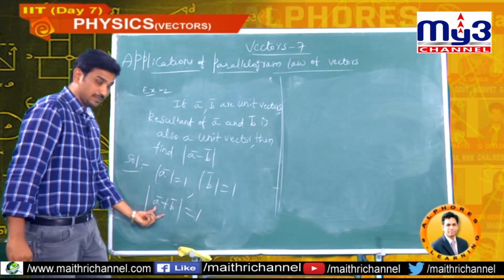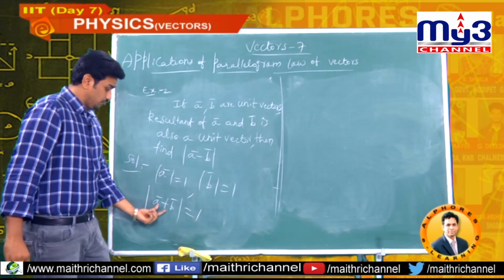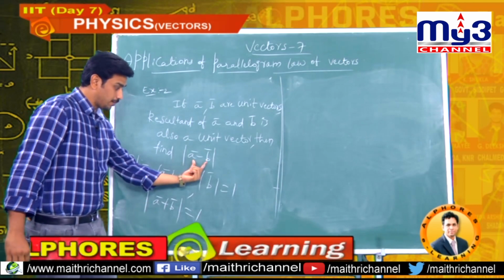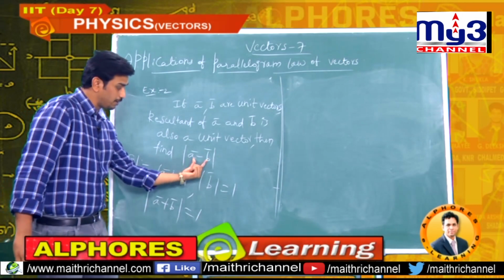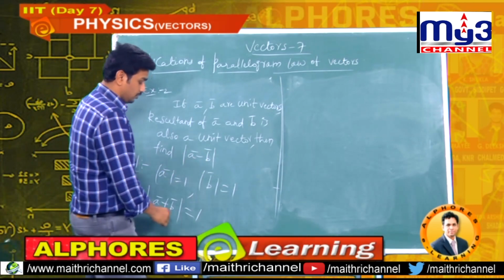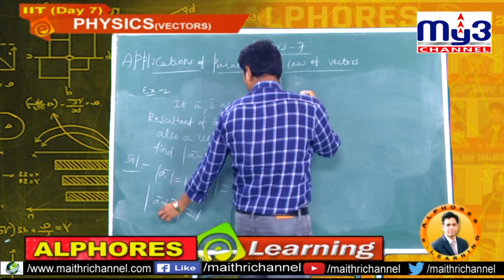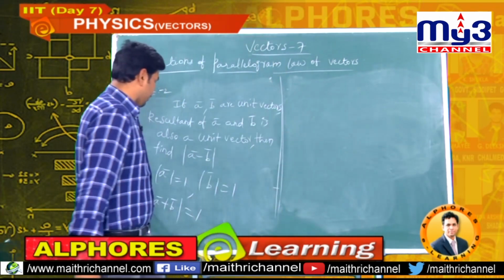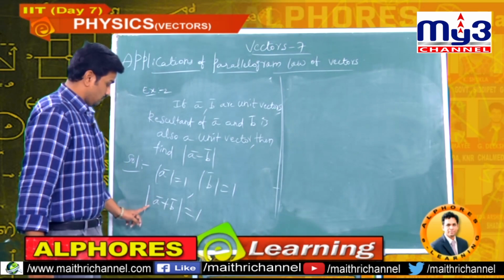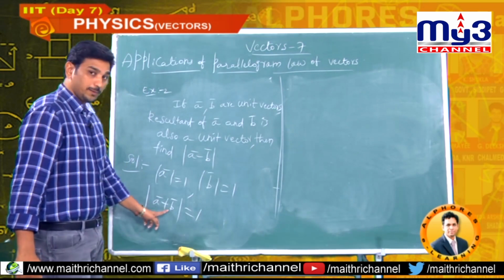I think you got the clarity. Now we should calculate mod a bar minus b bar. How to calculate it? First I will use this. What is mod of a bar plus b bar? Root of a square plus b square plus 2ab cos theta.